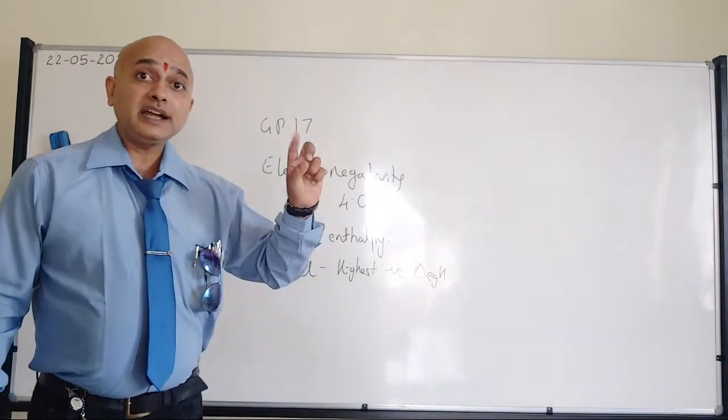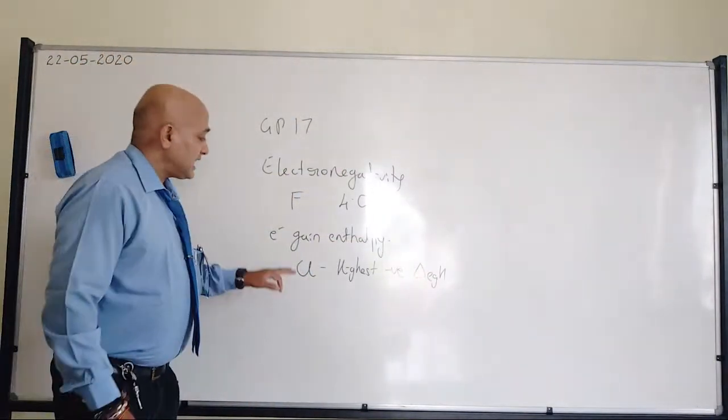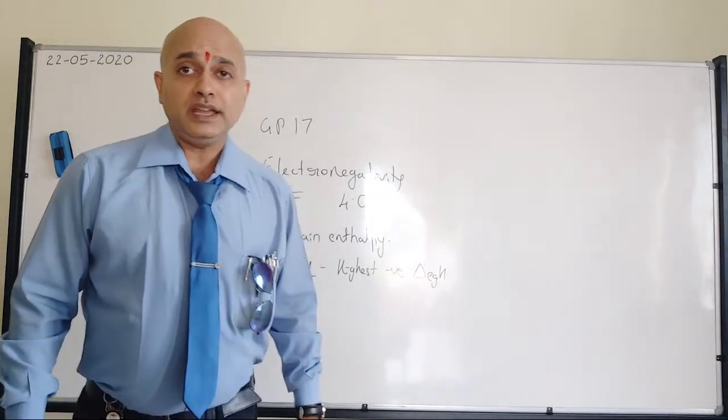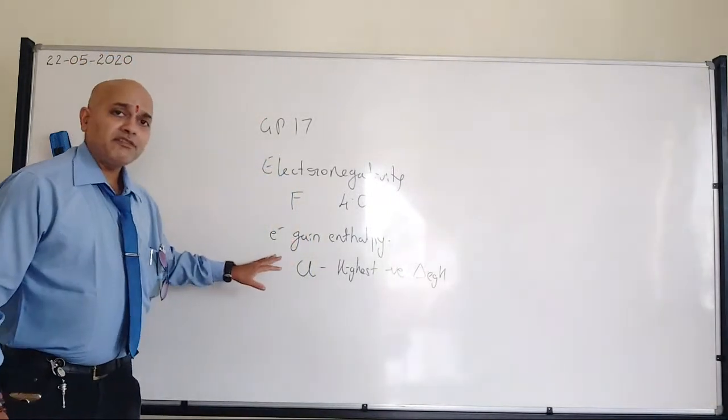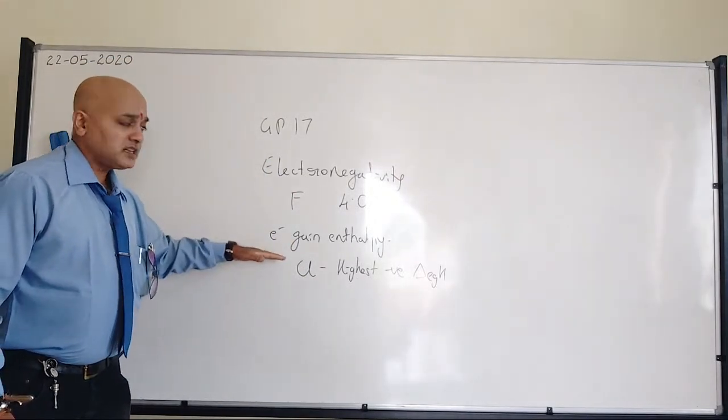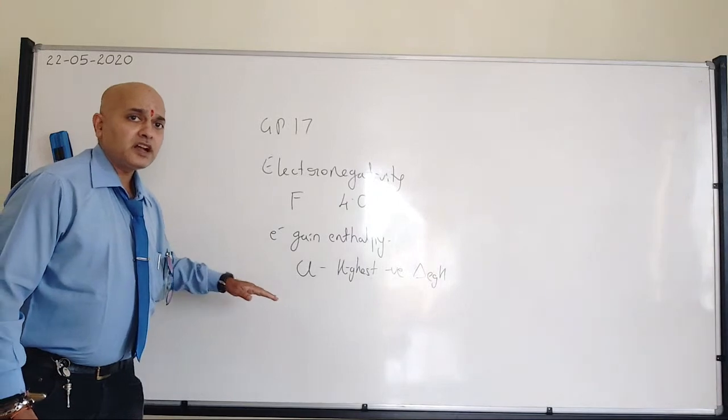I am talking about the highest negative. That means it can accept the electron more easily, even compared to fluorine. Fine? All of you have understood? So electronegativity wise, it is fluorine. But when it comes to electron gain enthalpy, it will be chlorine.